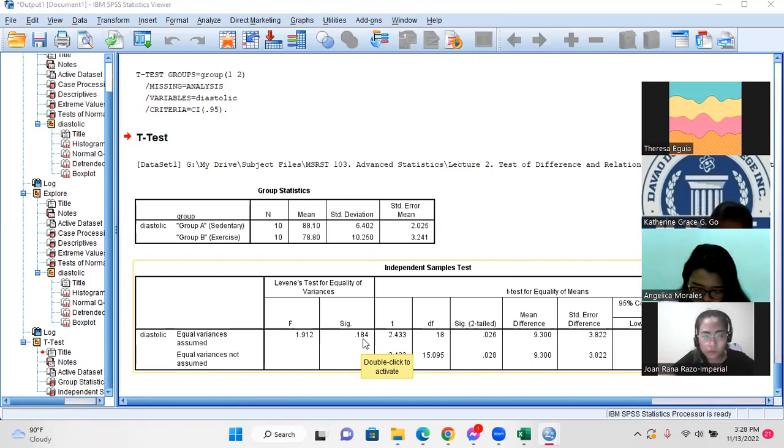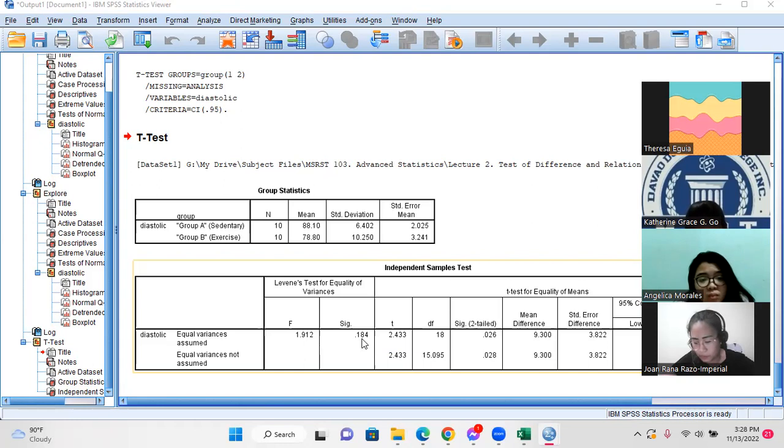If the sig value is more than 0.05, it means to say that the data is homogeneous, or hindi kalat ang distribution. The variances are homogeneous. So pasado tayo sa homogeneity.